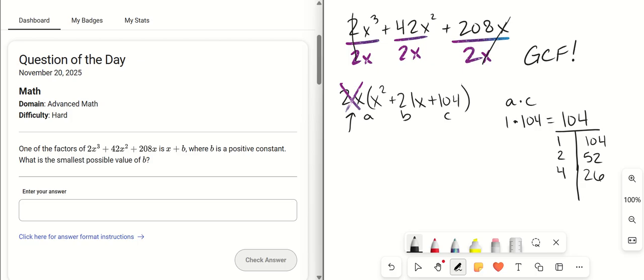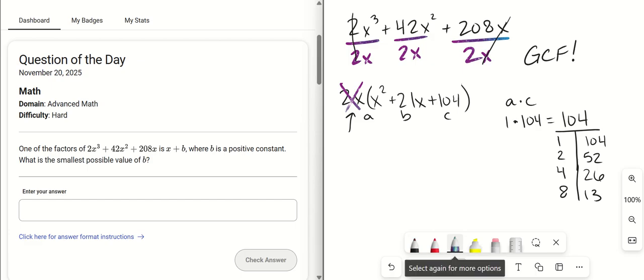It can't be divided by 7. It can be divided by 8. 104 divided by 8 is 13. It can't be divided by 9, 10, 11, or 12. And now we're back to 13, which we already have written down. So these are all the pairs of numbers that multiply to equal 104.